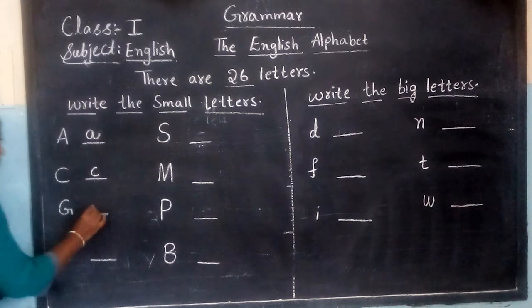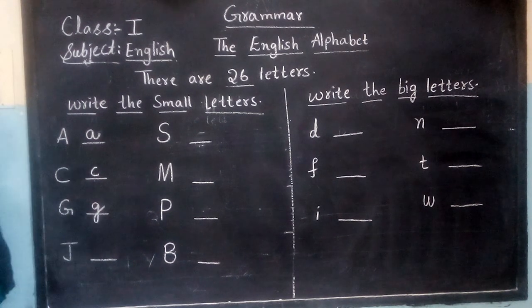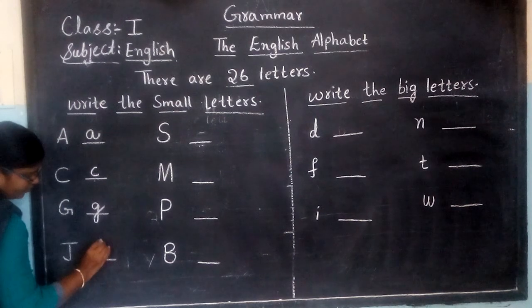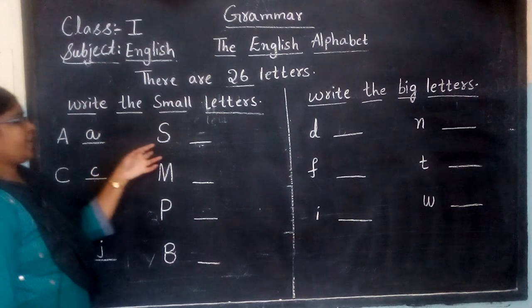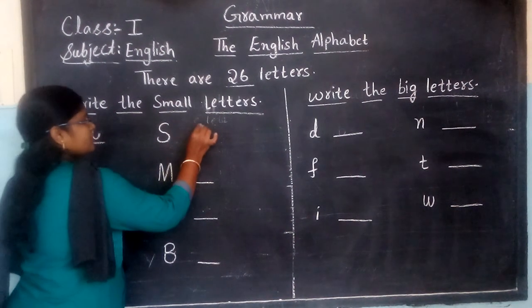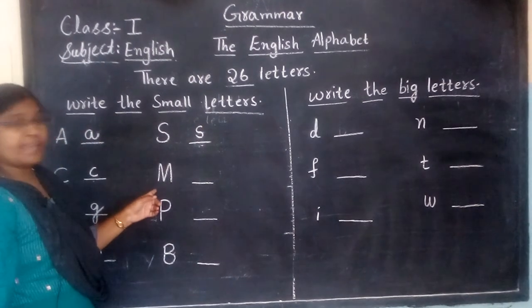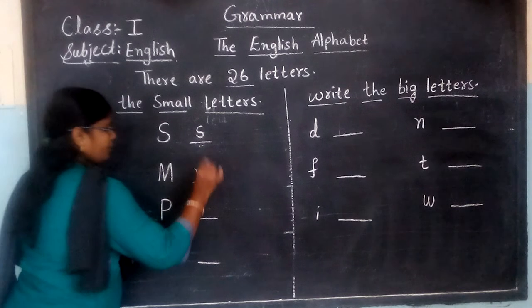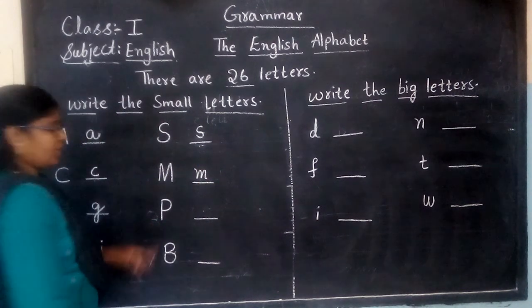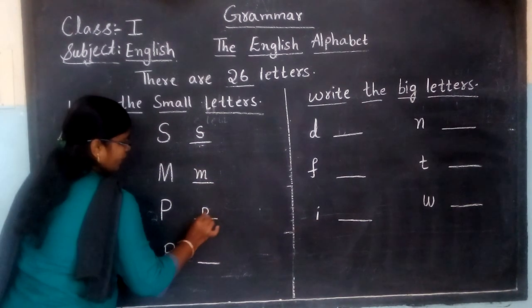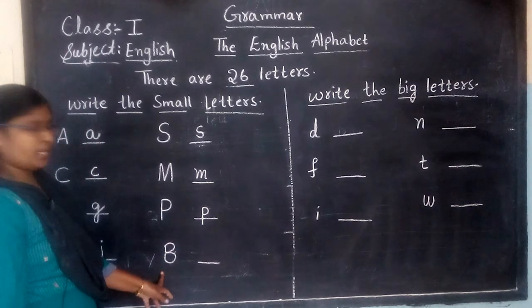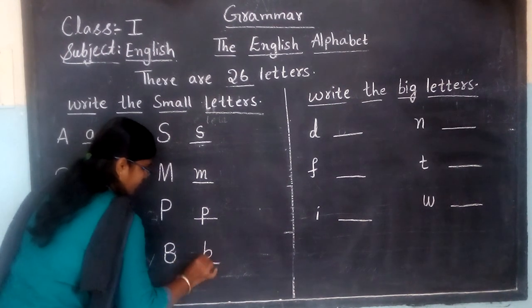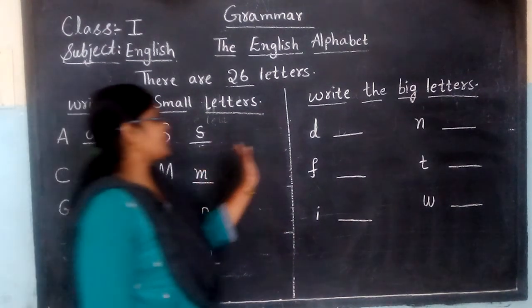Capital G, small g. Capital J, small j. Capital S, small s. Capital M, small m. Capital P, small p. Capital B and small b.